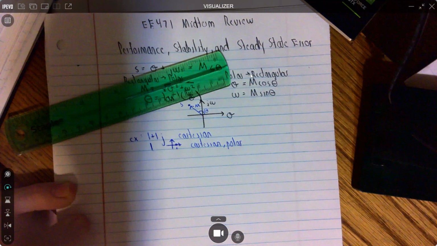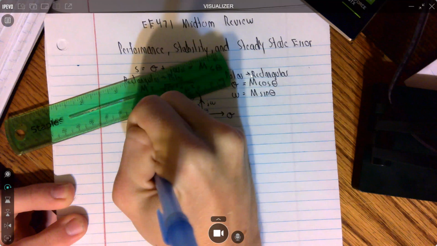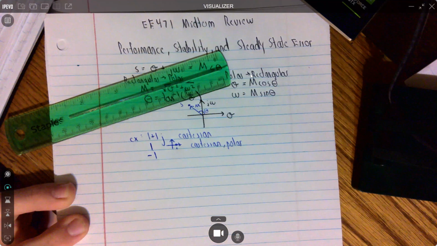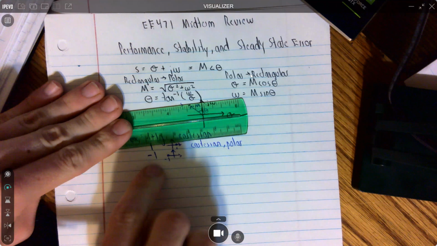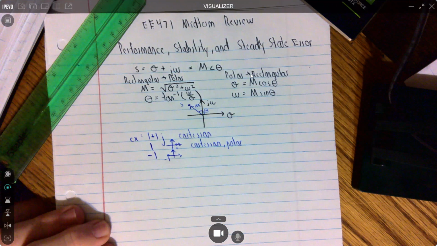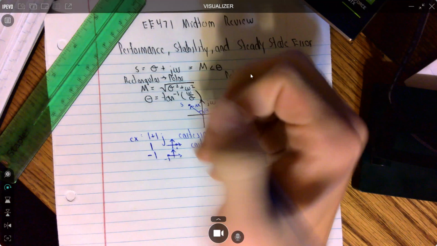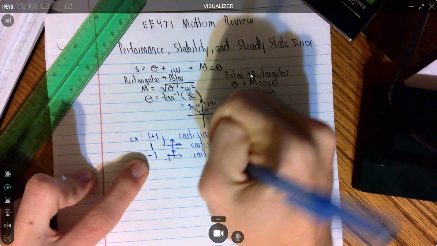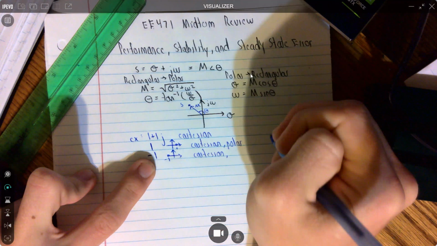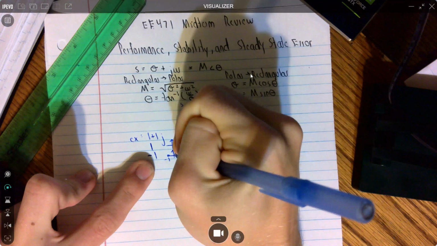Then we can have -1 for s. That means we're in the negative region of the real axis. This is given in Cartesian form because we have the real part and they don't give us a phase angle, which is 180 degrees.